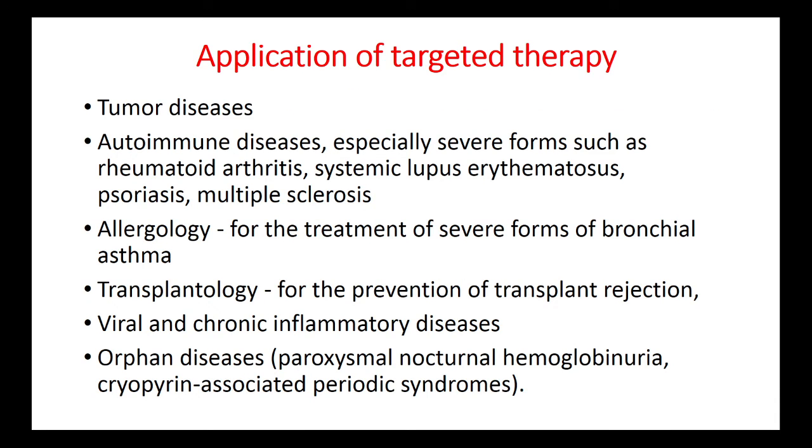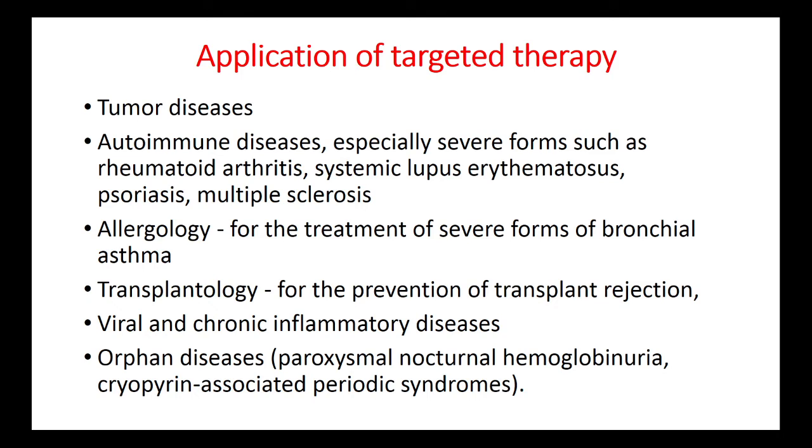Application of targeted therapy. First, it is tumor disease. And when I gave comments for this course, cell biology, I said we will speak about tumors. As an example, we take tumor disease, but in reality it is transcription factors, ligands, receptors, signaling pathways.